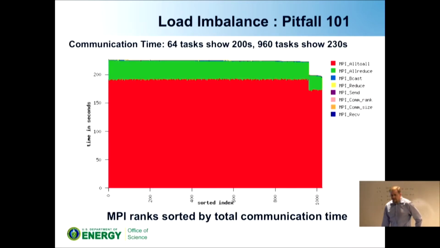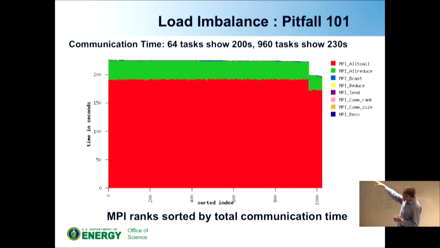So load imbalance is the other big thing that gets people all the time who are coming to working on parallel computing. And so in this axis, we're looking at where is time spent in communication across 1,000 tasks. And I've sorted them from, on the far left, being the tasks with the most communication time, the far right being those with the least, and you can see that they kind of break into two different categories of tasks.